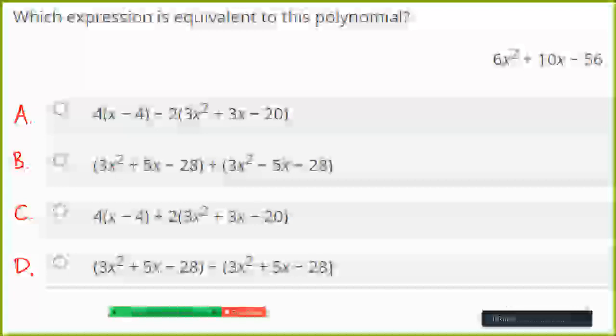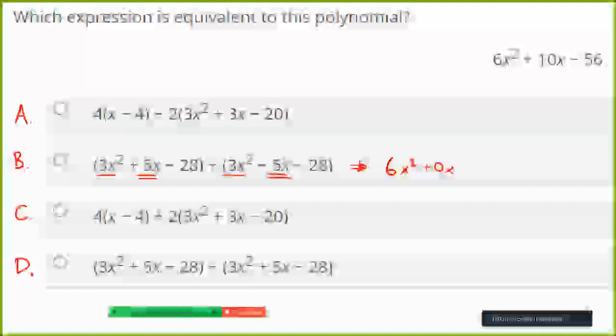I was checking out B myself earlier before we talked, and it seems like it works, right? Let's look at it now together. 3x squared plus 3x squared, okay, that works. That's our 6x squared. But I think we run into an issue with the 5x and the minus 5x, because 5x minus 5x cancels completely, leaving us with 0x, or just nothing.